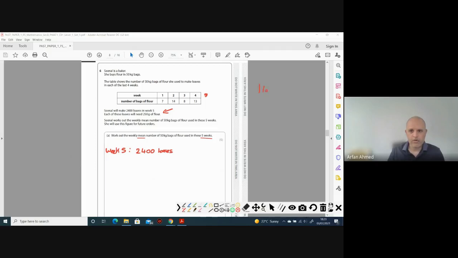If one loaf is 250 grams, that's how many grams of flour it needs. We've got this many loaves. How do I get from that to that? You're going to have to times it by 2,400. So if you increase that side by 2,400, you're going to have to increase that by 2,400 as well.